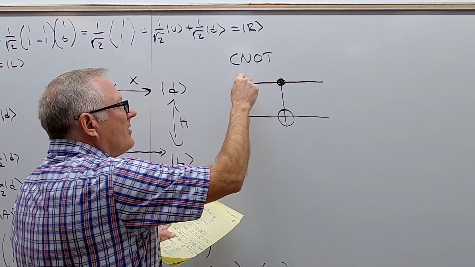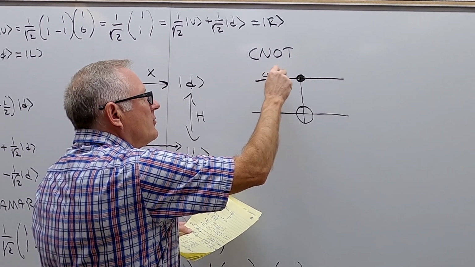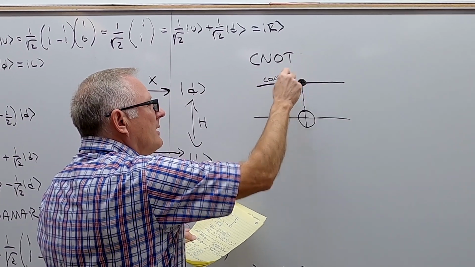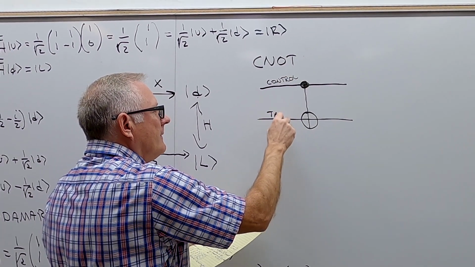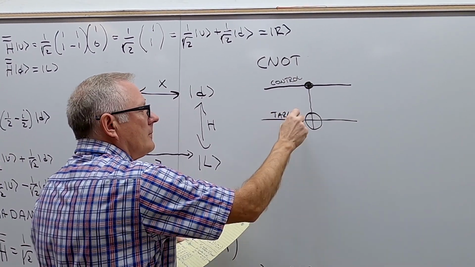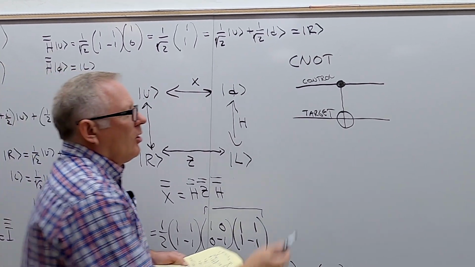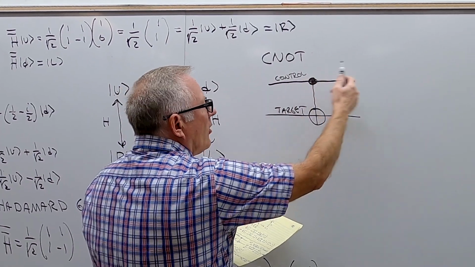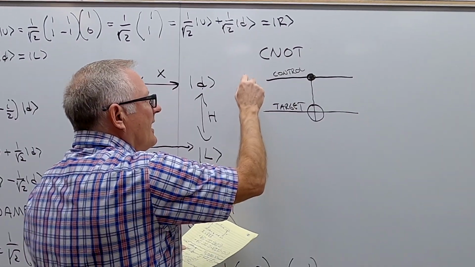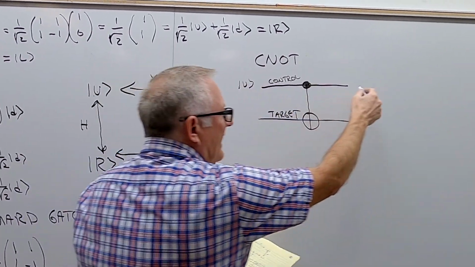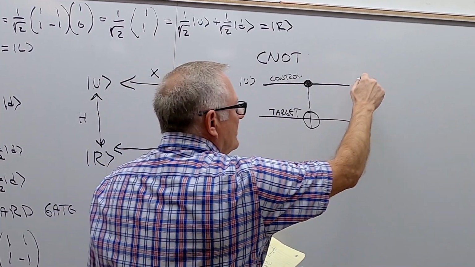This one they call the control, and this they call the target. Okay. Now, the control never changes. So if this is an up, it's going to stay up all the time right here. It never changes.